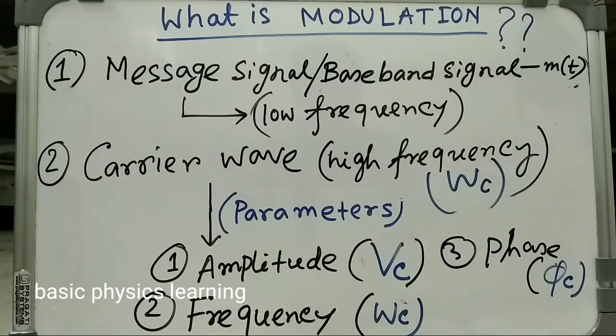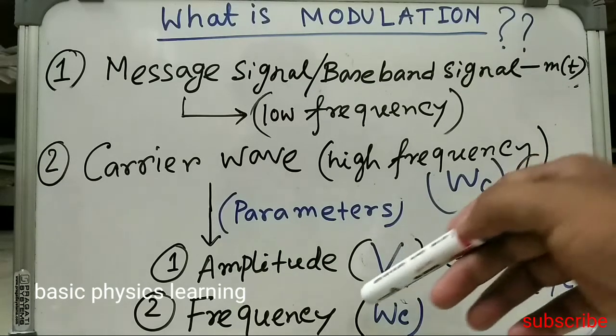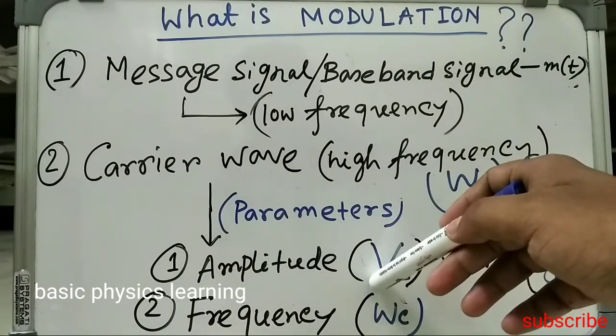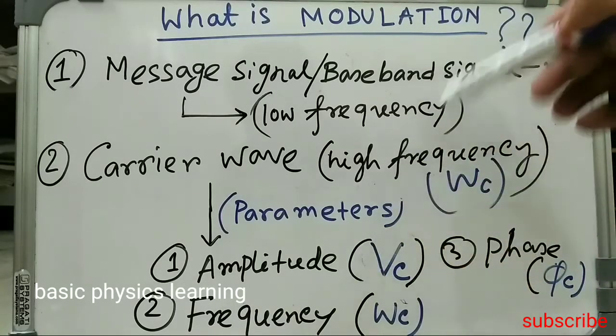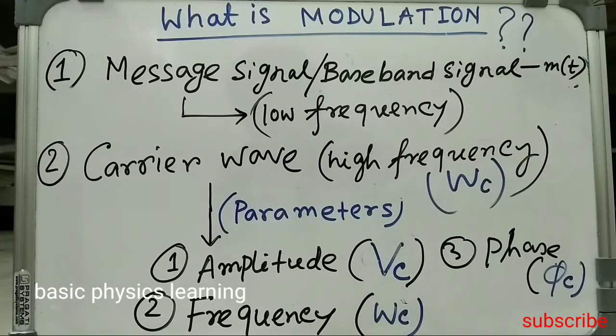In this process, the baseband signal or message signal is used to modify some parameter of a generally high frequency carrier signal, and the message signal m(t) is generally a low frequency signal. If the carrier amplitude varies according to the baseband signal or message signal, it is called an amplitude modulated wave.